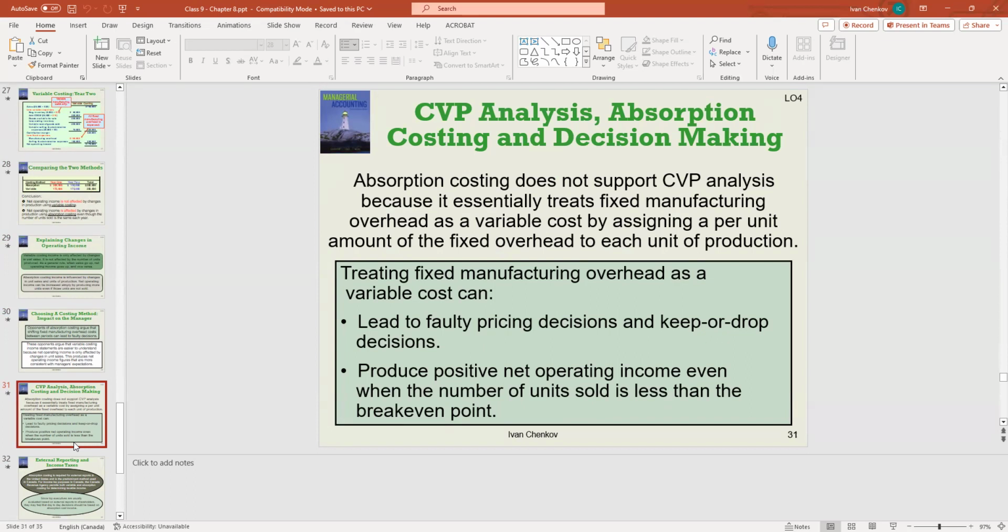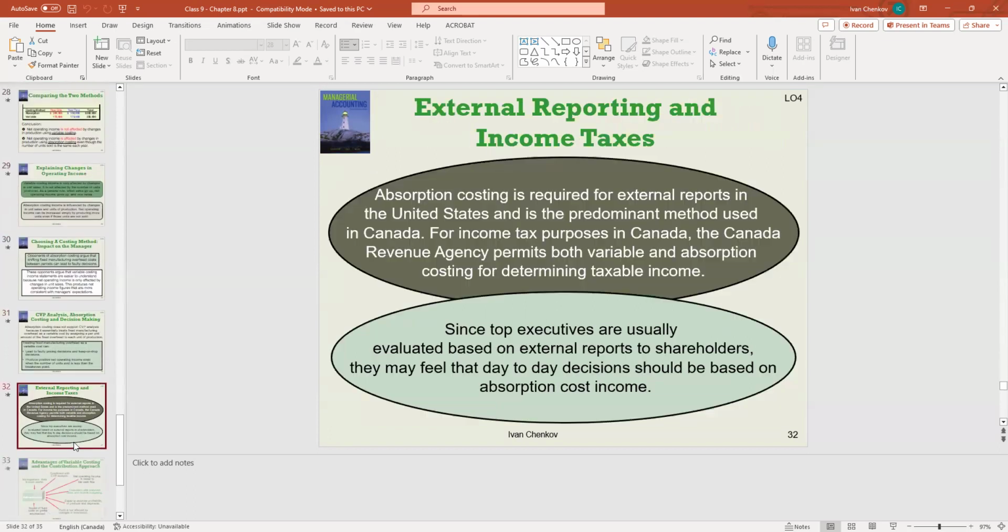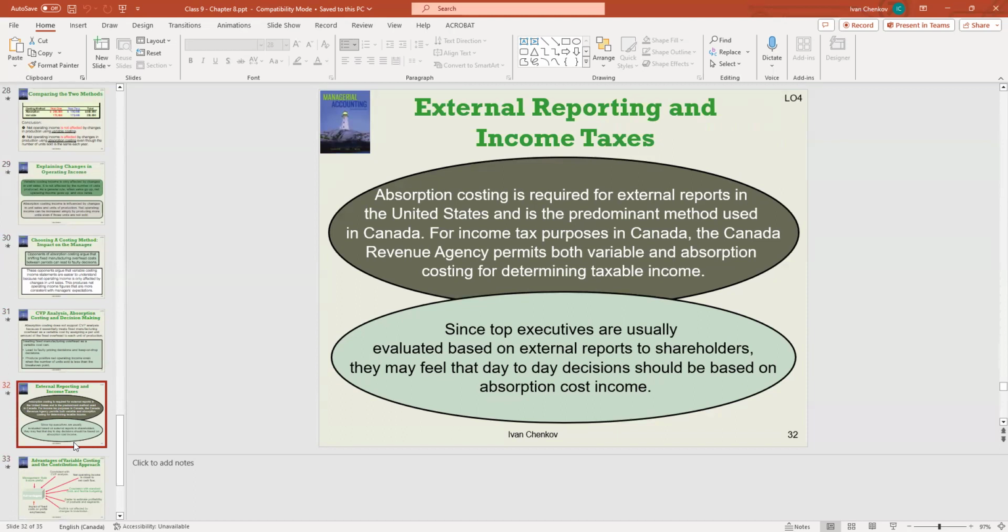That's because the absorption does not support cost volume profit analysis. And again, treating fixed manufacturing overhead as a variable cost is a very wrong thing to do. Unfortunately, for the external reporting, we have to use absorption costing. There's no options here.